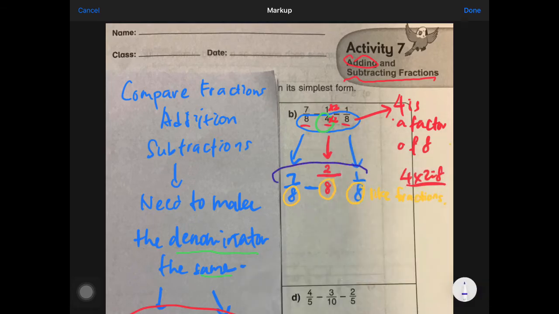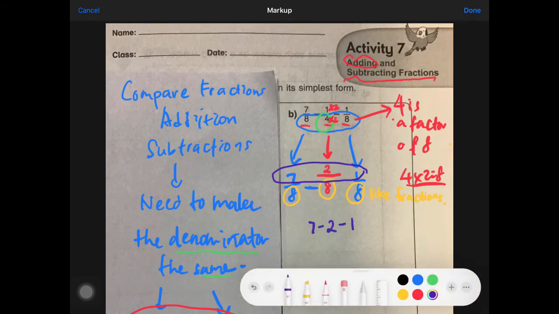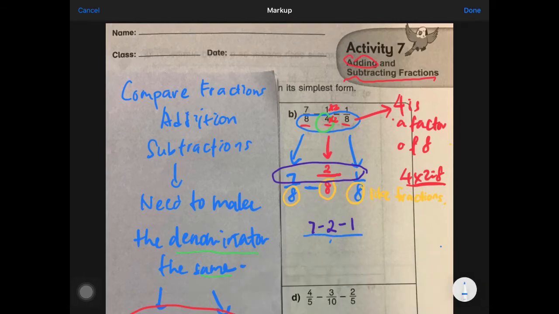So you have 7 minus 2 minus 1. Don't forget the denominator. A lot of people forget the denominator, over 8. And then it equals 7 minus 2 minus 1. What's the answer? You write it down, and then you have the denominator.